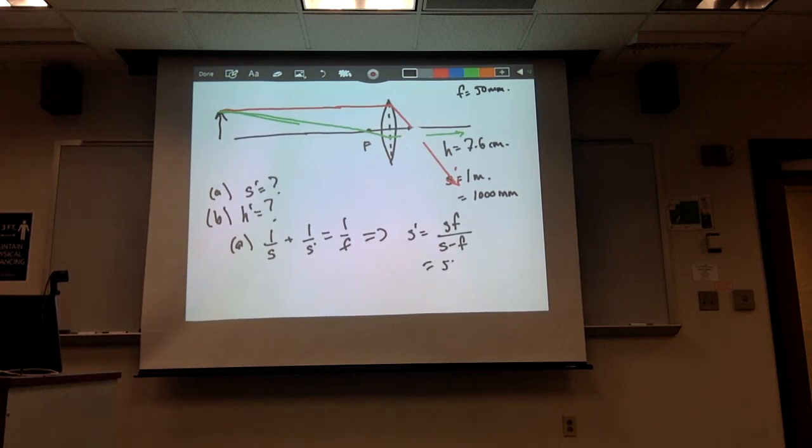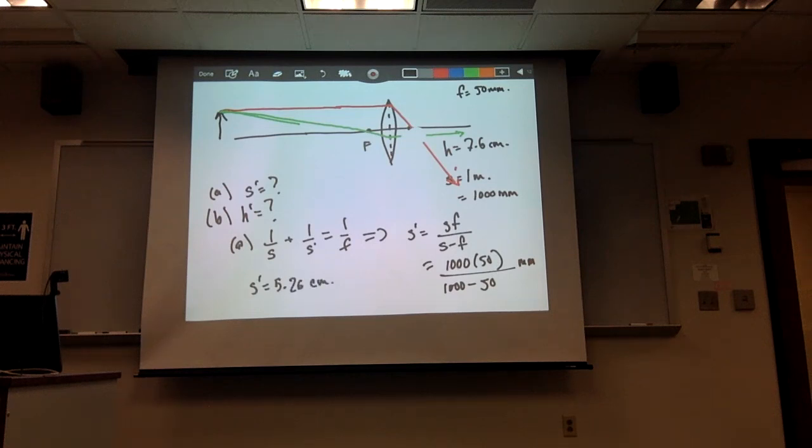What are our numbers? This is going to be 1,000 times 50 divided by 1,000 minus 50. This is all going to have units of millimeters. From here, we find that S prime ends up being equal to 5.26 centimeters.